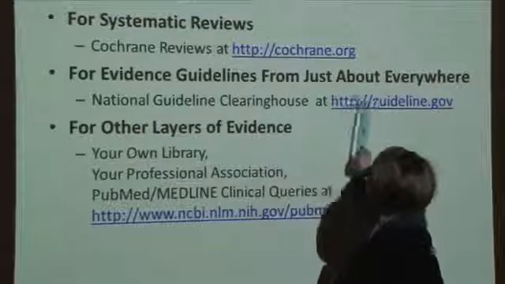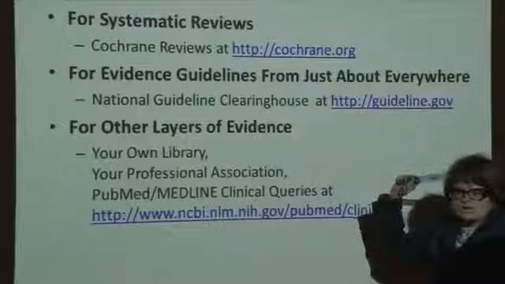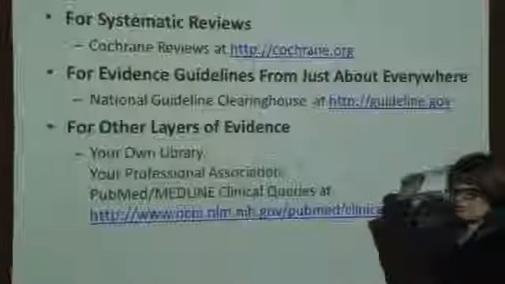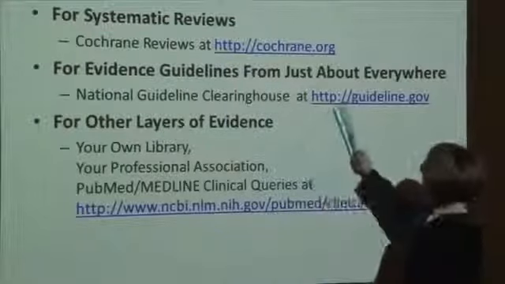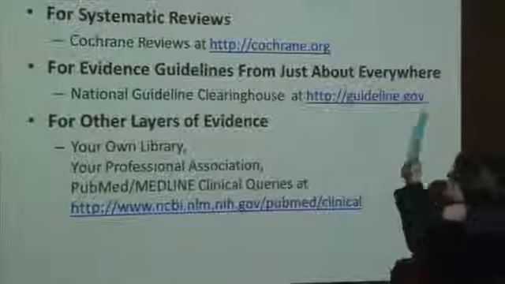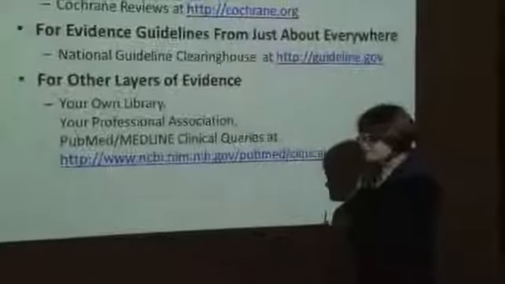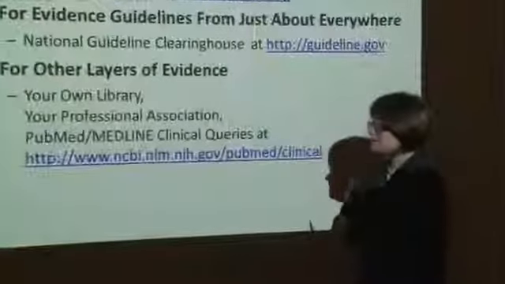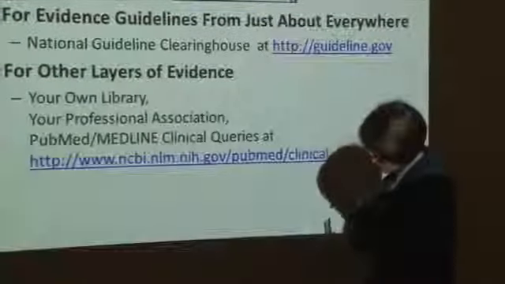For evidence-based guidelines from just about everywhere, you can go to a service from the U.S. federal government called the National Guideline Clearinghouse at http://guideline.gov, and there they put together tons of guidelines from lots of different governmental and professional institutions from all over the world.